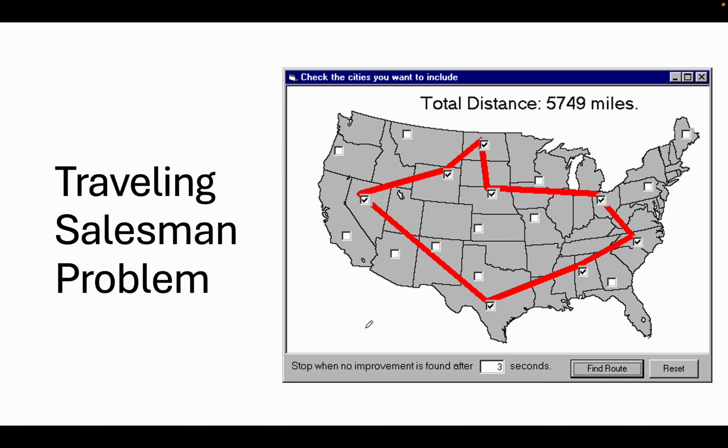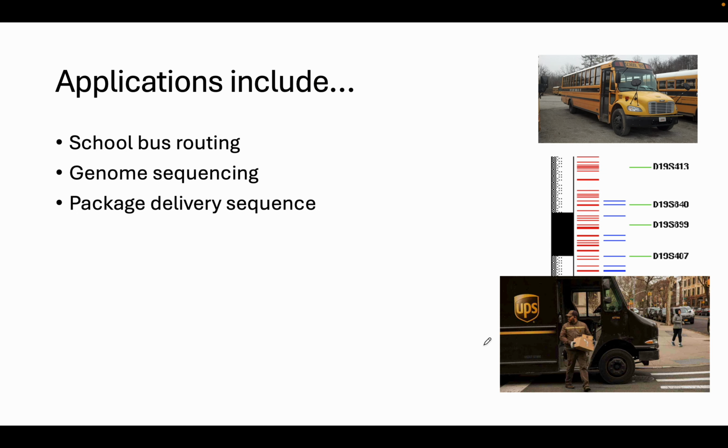So, we talked about the traveling salesman a little bit at the very beginning of the class. This idea where if we have this map of cities and there's some roads between them, we want to be able to figure out how we can go all around the cities and return to our starting point with the minimum cost. So if we're on a school bus route, we want to maybe choose the least total time that it takes for us to get to all the bus stops and come back.